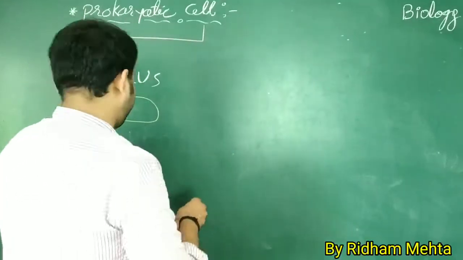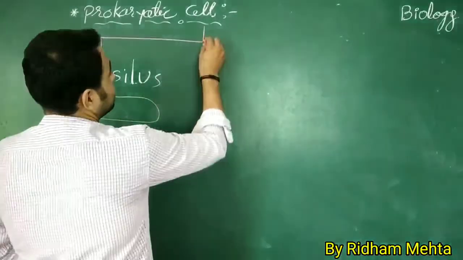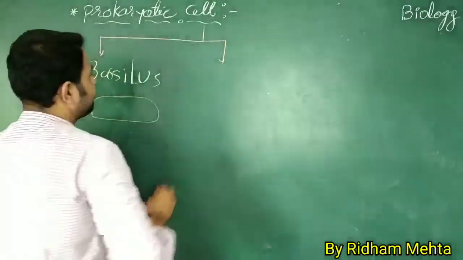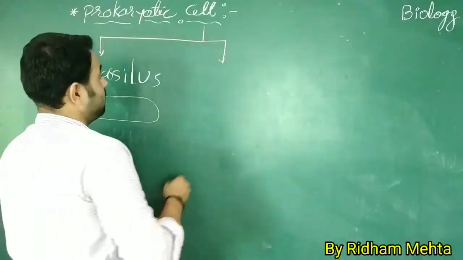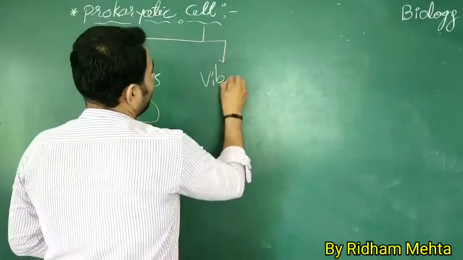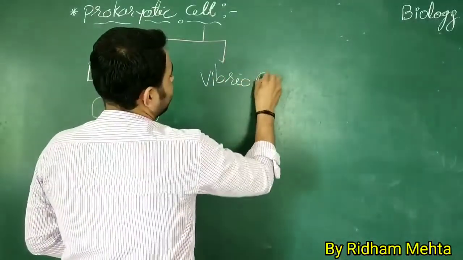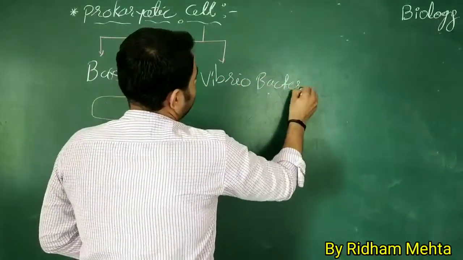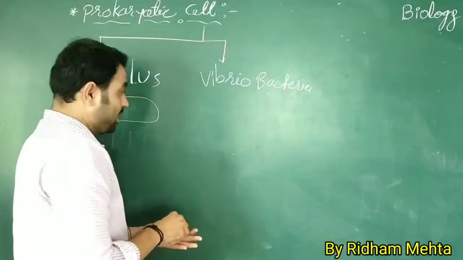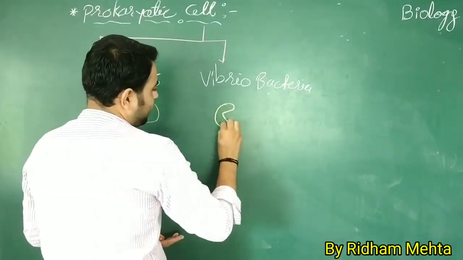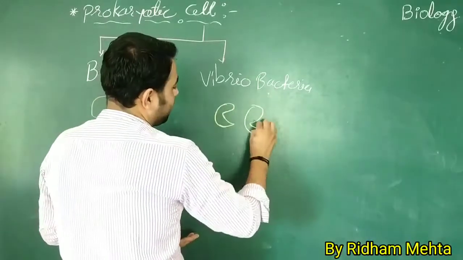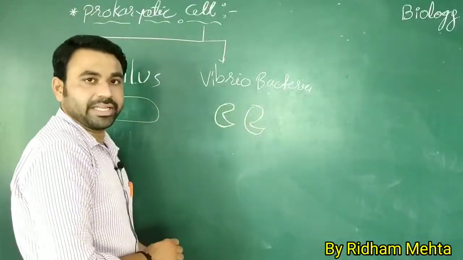After the bacillus bacteria, there is another bacteria, the vibrio bacteria. Vibrio is a comma-like structure. This kind of bacteria are vibrio bacteria.